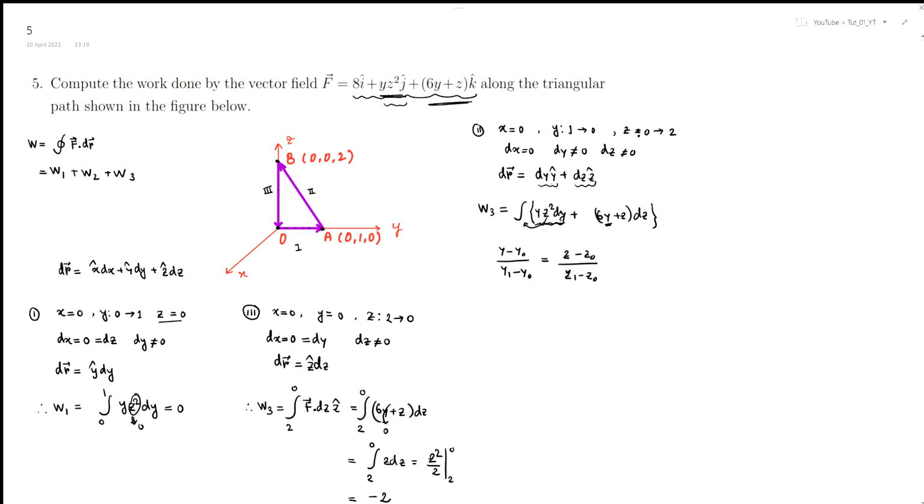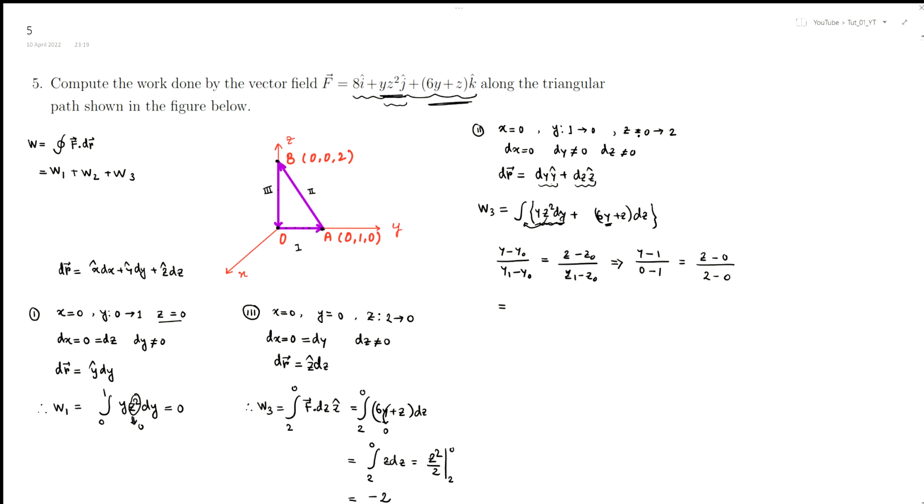This will be the equation of the straight line passing through 2 points. So now, suppose our y0 z0 point is this, and y1 z1 point is this, then we can write it as (y minus 1) divided by (0 minus 1) equal to (z minus 0) divided by (2 minus 0).